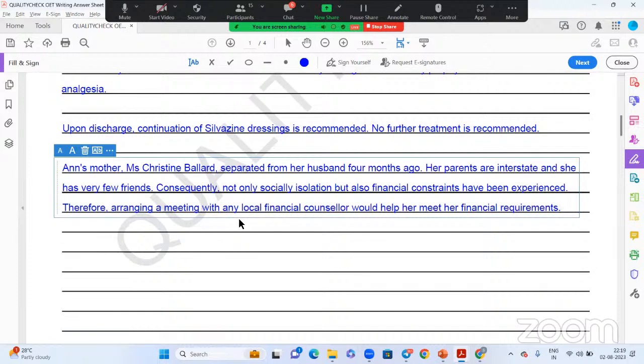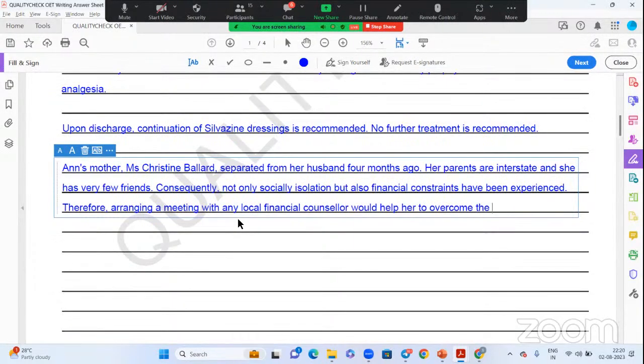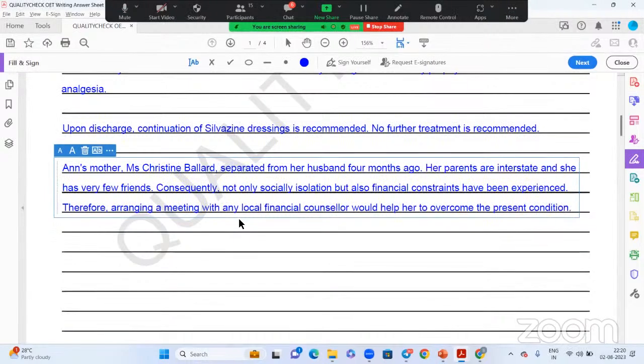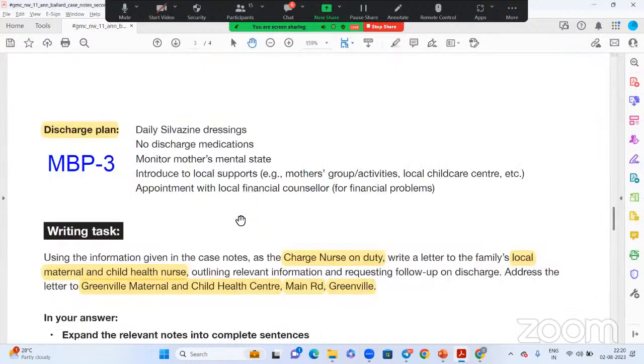Or help her meet the financial requirements. Counselor would help her to overcome the present condition, solve the problems. Right. The next one. That's it. For financial problems, this meeting is required.